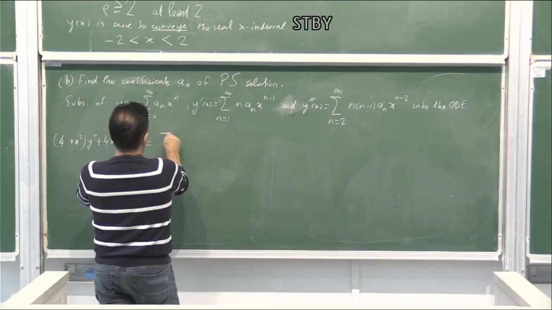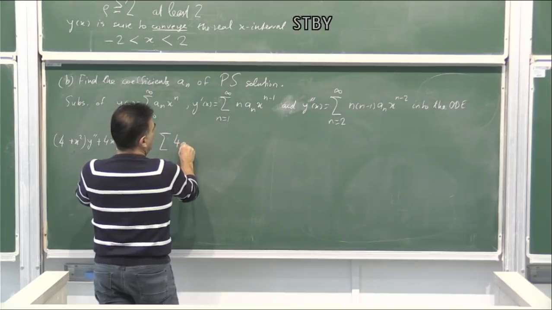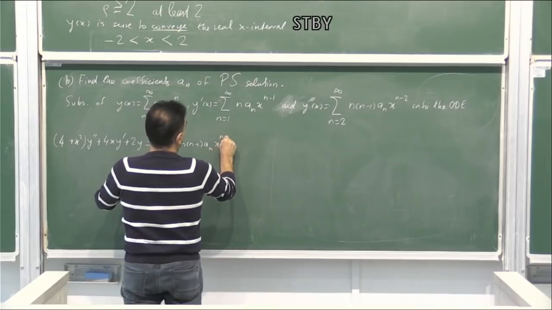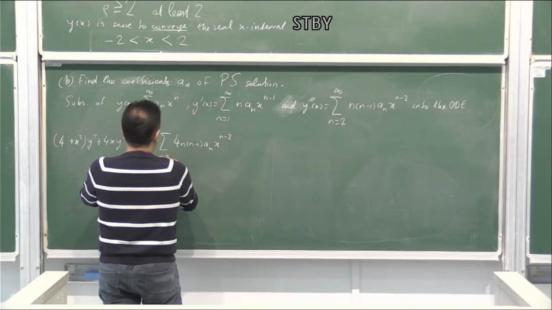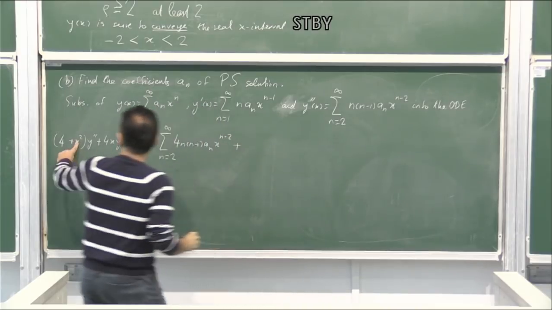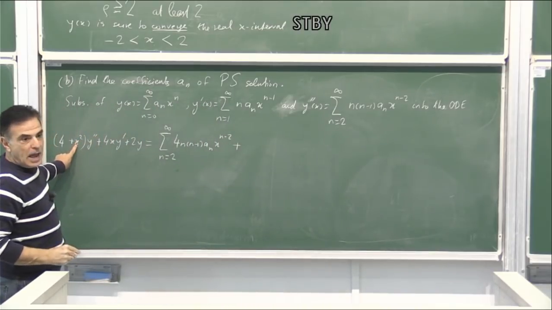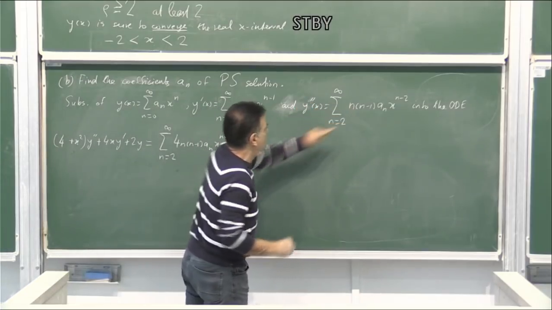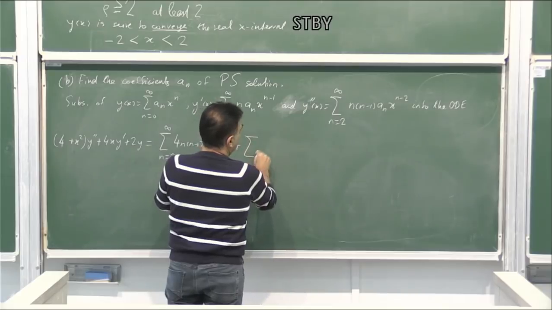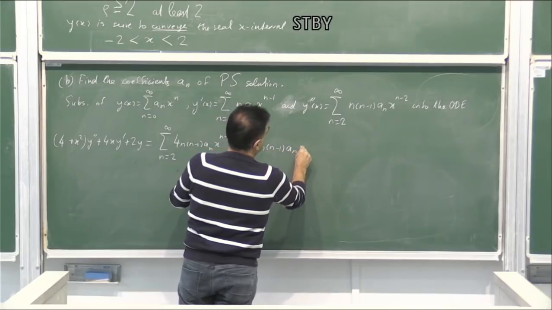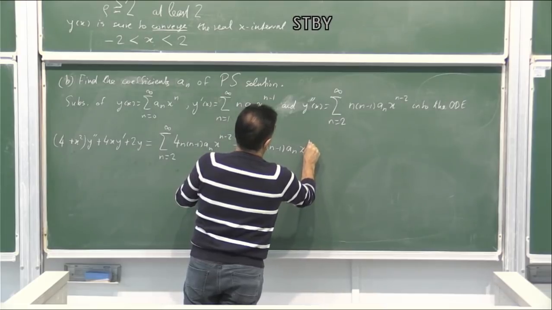We have this series 4n n minus 1 a n x to power n minus 2 from 2 to infinity, plus, multiplying y double prime by x squared, we have n minus 1 a n x to power n.